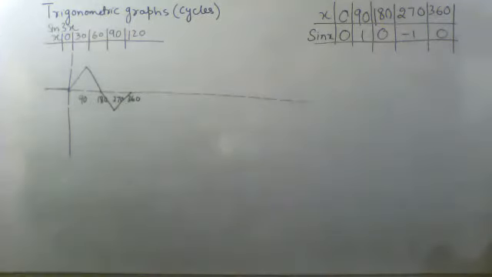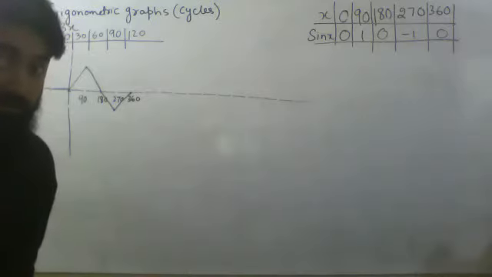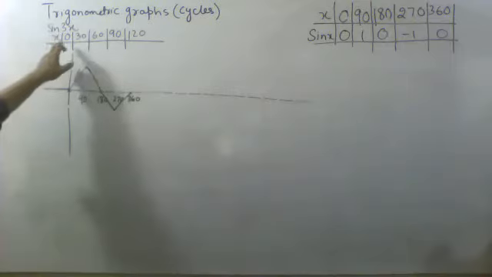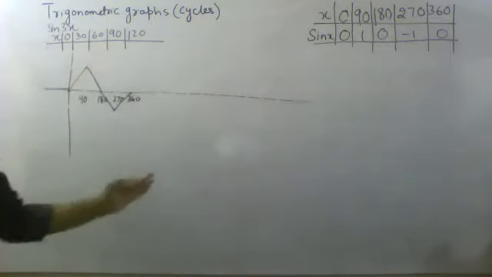Now they are asking for the cycle till 360. Right now I'm at 120, and I can see the difference between each pair is 30 degree.